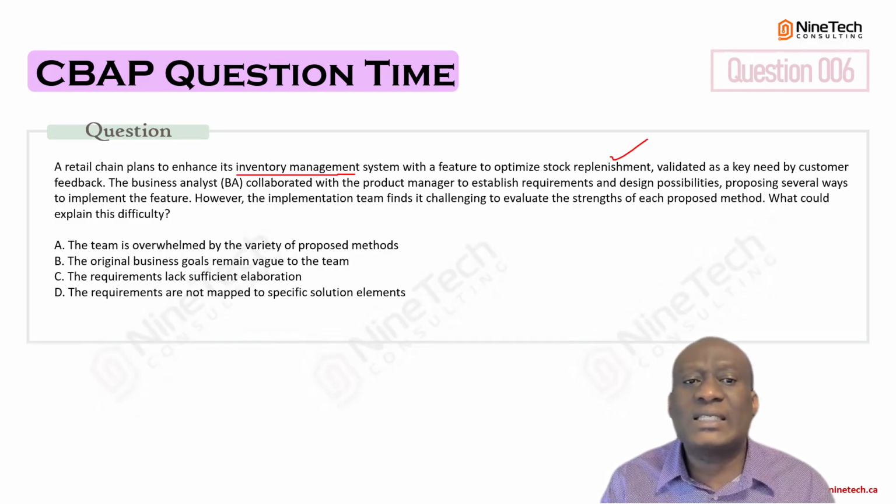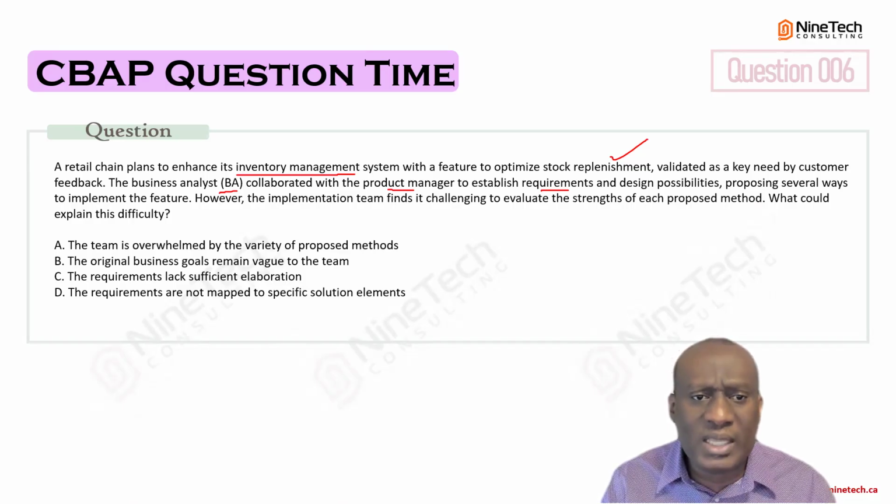The business analyst collaborated with the product manager to establish requirements and design possibilities. Okay, so the BA is working with the product manager on requirements, proposing several ways to implement the feature. However, the implementation team finds it challenging to evaluate the strength of each proposed method. What could explain this difficulty?